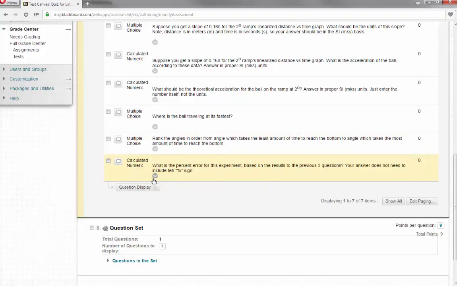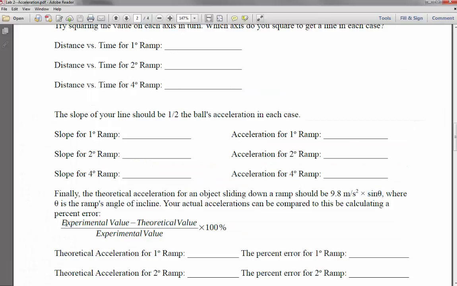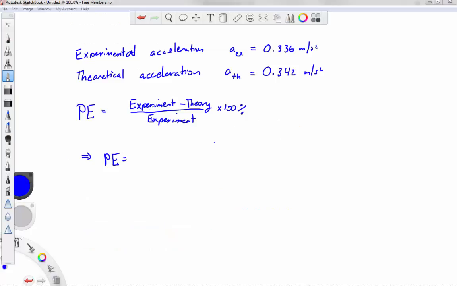Here is how you should be answering it in any case. So it is asking for a percent error for this experiment. So sure enough, the next thing that we're told in our handout is that the percent error, which I previously labeled as PE, is the experimental value minus the theoretical value divided by the experimental value times 100%. This means that here's our experimental acceleration, here's our theoretical acceleration.